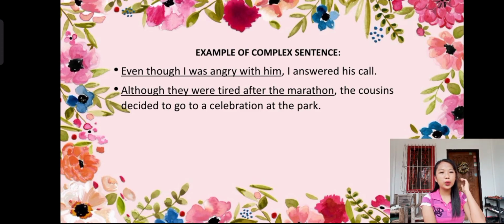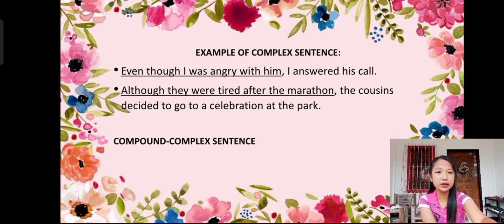So, here, we have one independent clause and one dependent clause. Although they were tired after the marathon is an example of a dependent clause. While the cousins decided to go to a celebration at the park is an example of an independent clause.